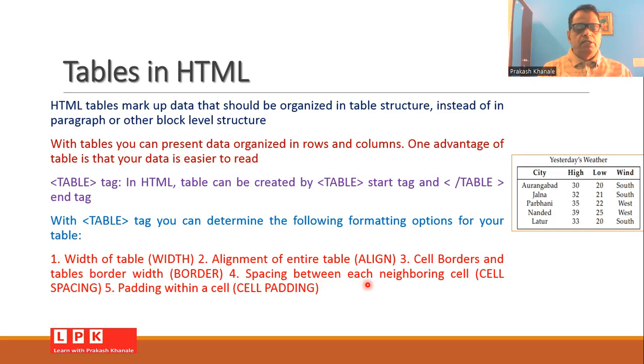And it is also possible to use padding within a cell. So there are different attributes available with this tag, such as width, align, border, cell spacing, cell padding, and we can display the data in proper format in the table.